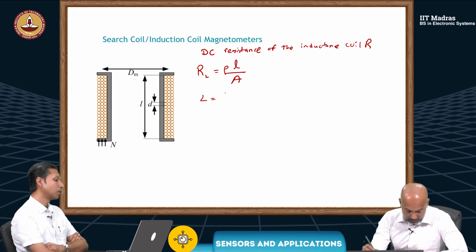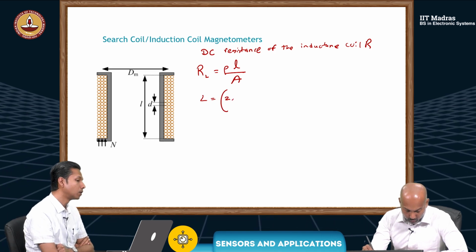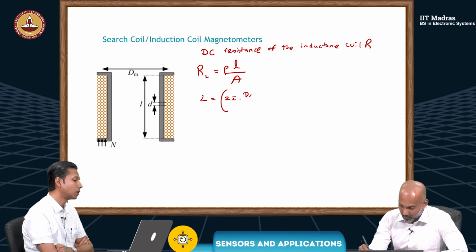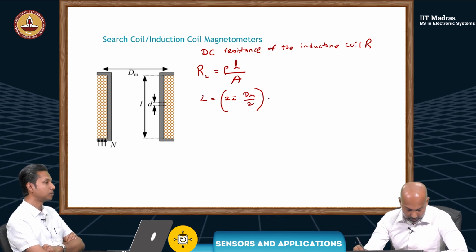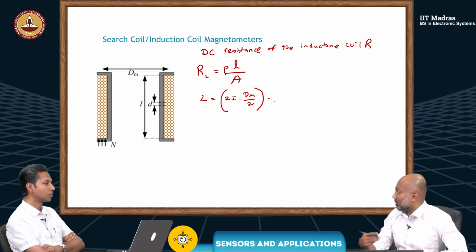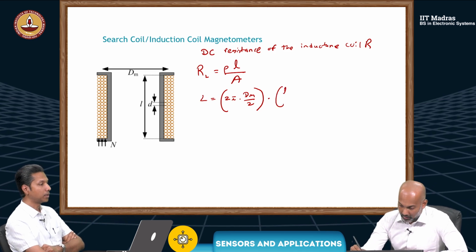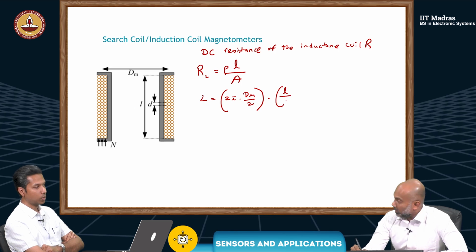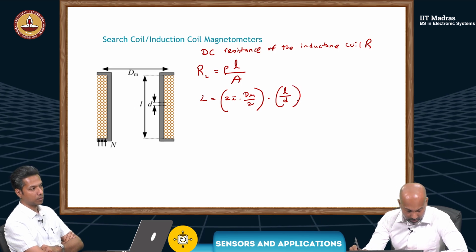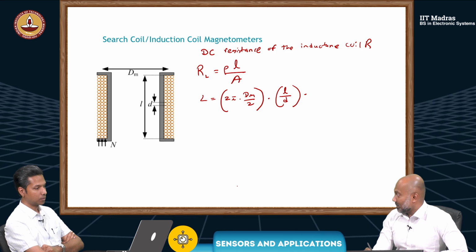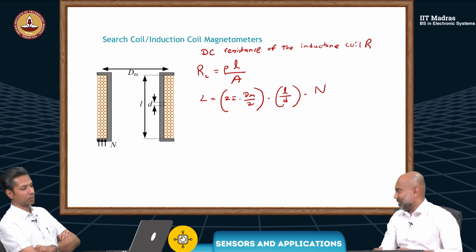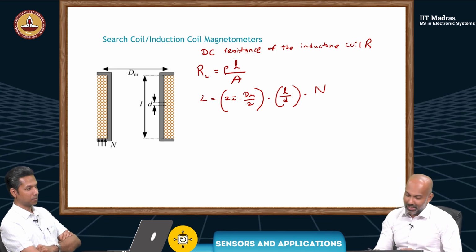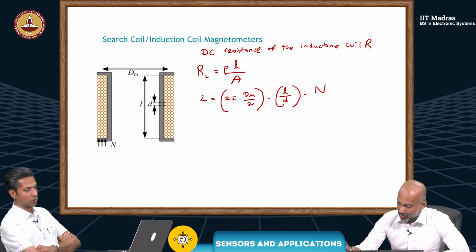L is 2 pi R, which is dm/2, times the number of turns, which is L over D, and the number of layers. We just say N, without using any values.